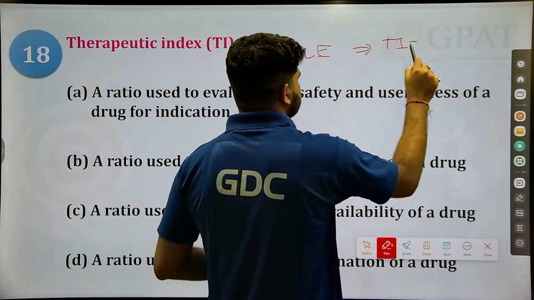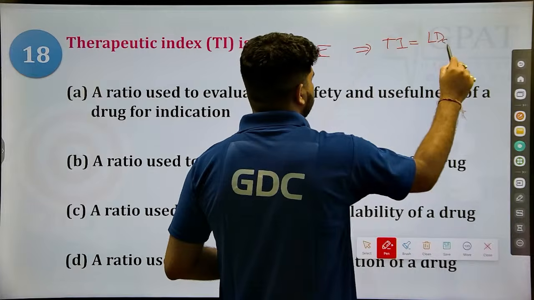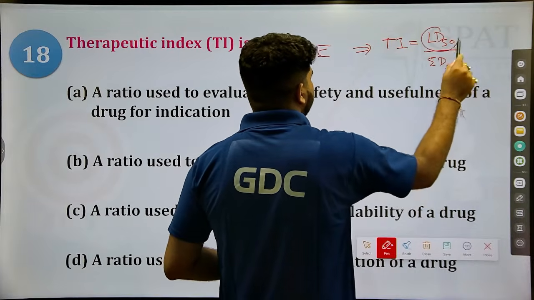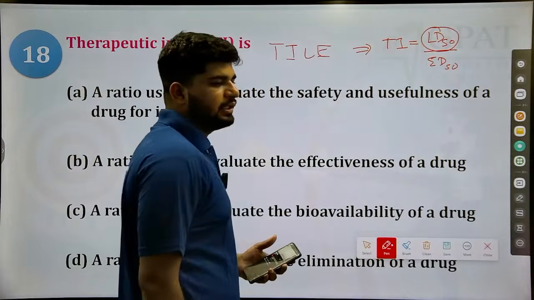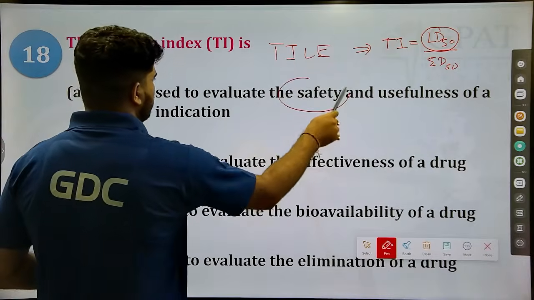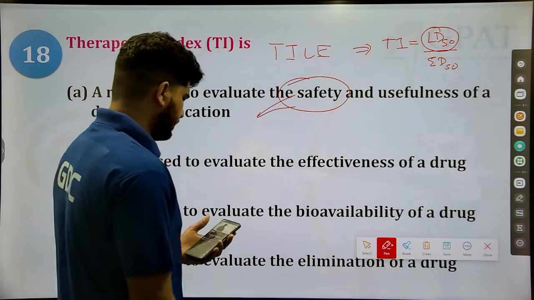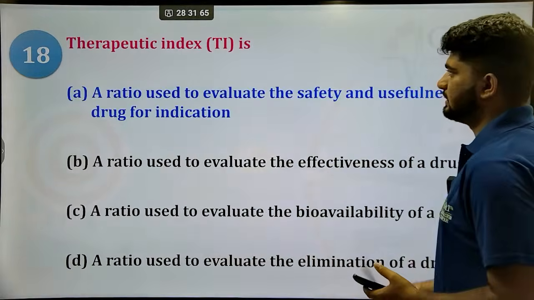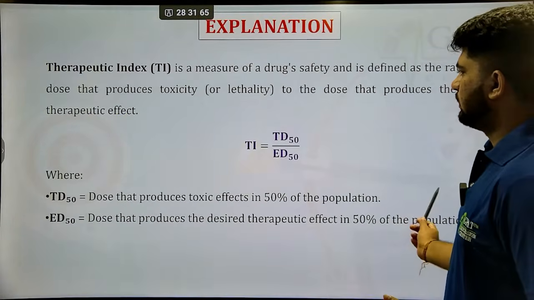Therapeutic index is the ratio of LD50 upon ED50. The higher the LD50, the more the safety. Therapeutic index is just a ratio of safety only. So A is going to be your correct answer.